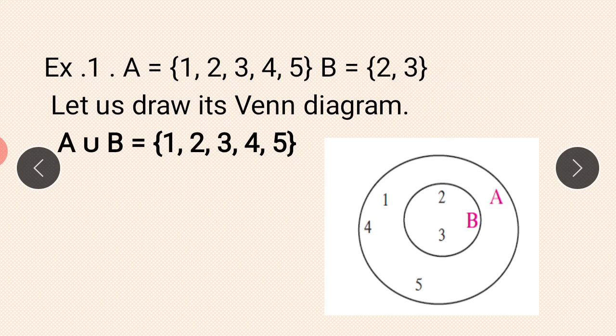All elements together. Then A union B is equal to curly bracket 1, 2, 3, 4, 5 curly bracket complete. This is the A union B. And also observe the Venn diagram of this A union B.